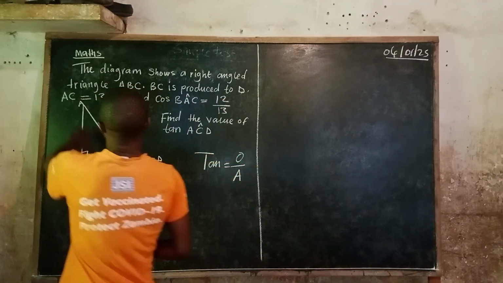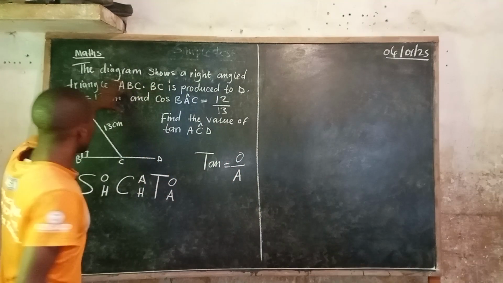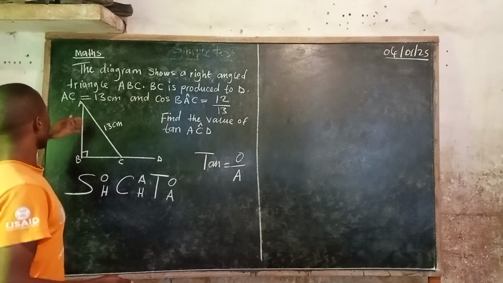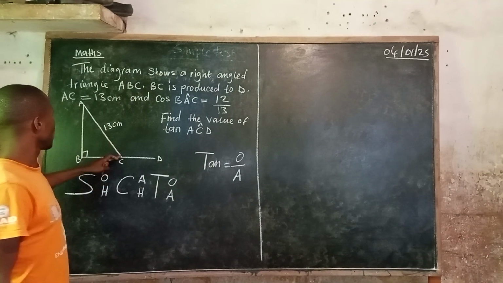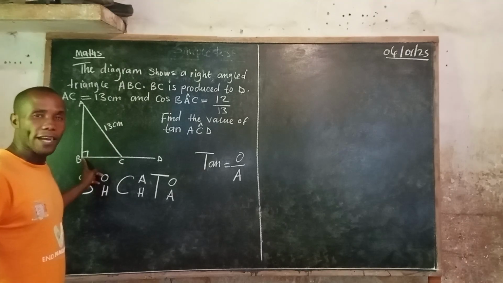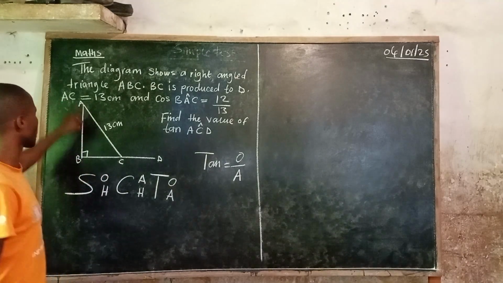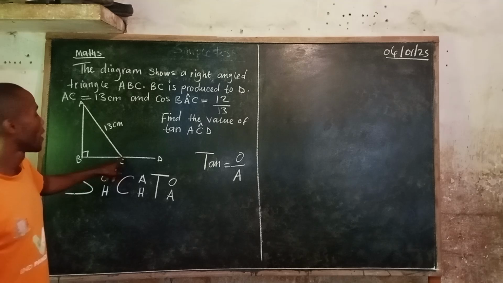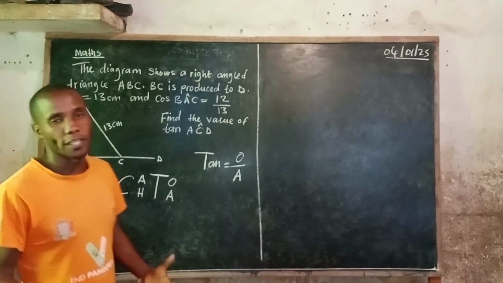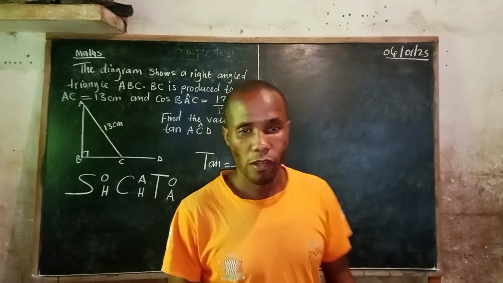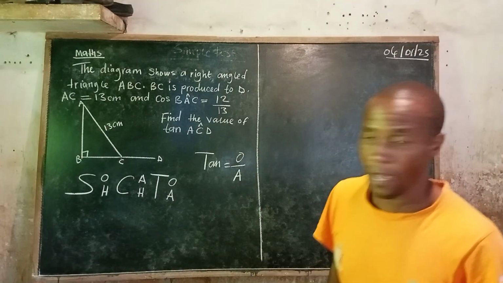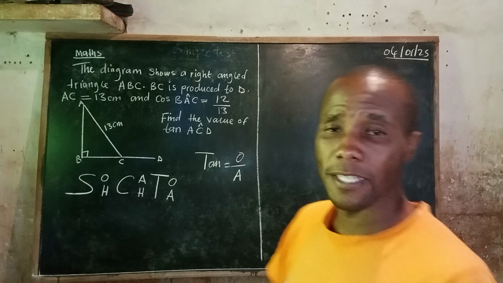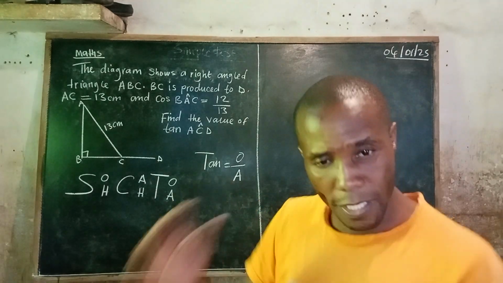According to the information in the statement, we are given this side, which is opposite the right angle, and this side is called the hypotenuse. Now that you have come up with the trigonometric ratio, you have to identify the sides, name them accordingly.